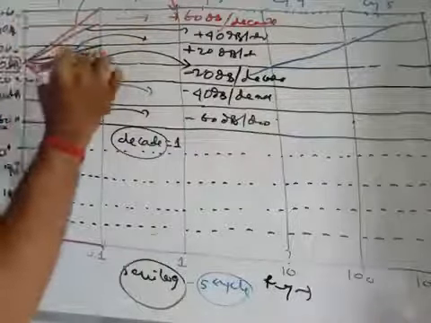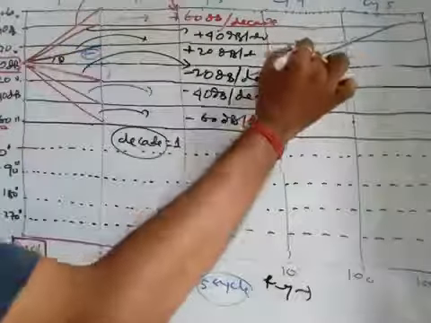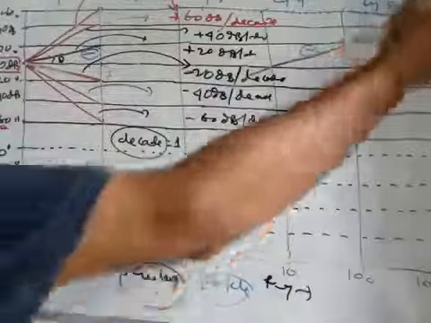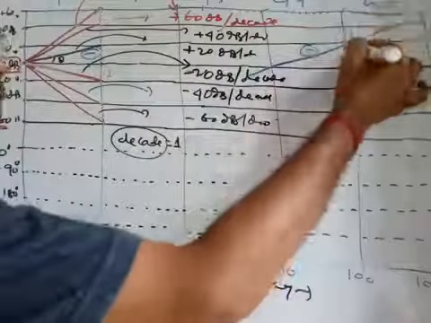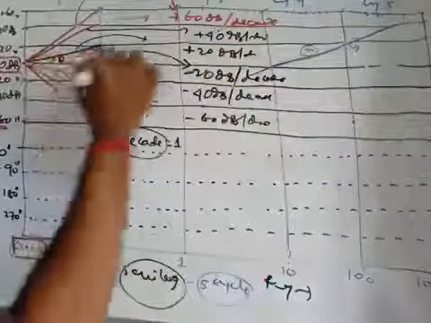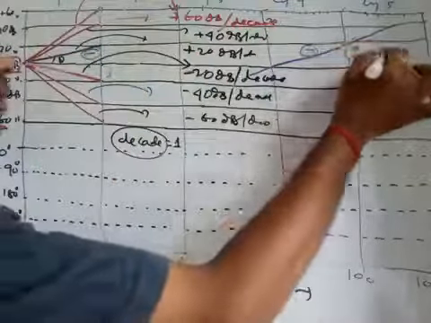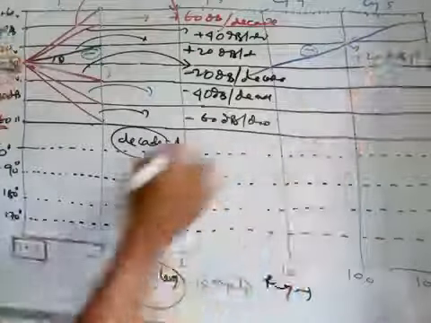So this line will have the same slope, that is plus 20 dB per decade, right?